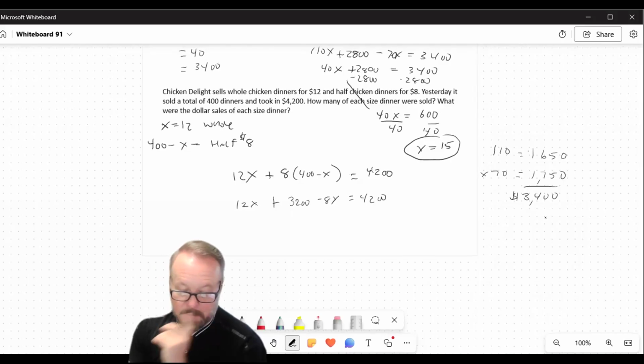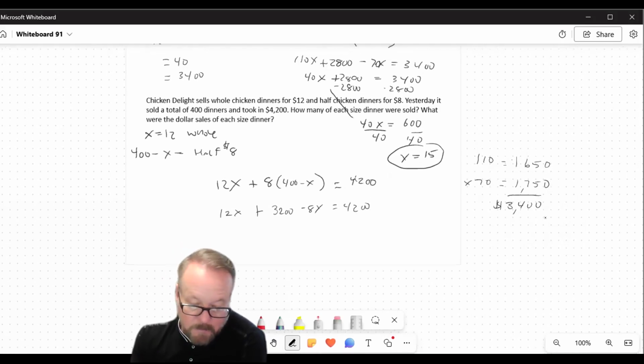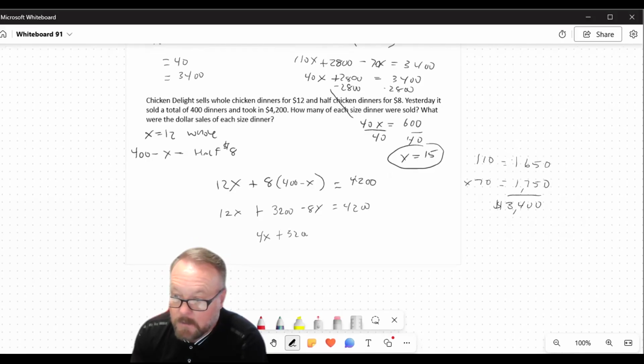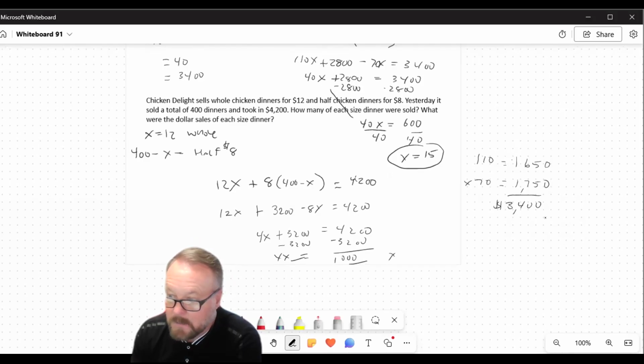So 12x minus 8x equals 4x. 4x plus 3,200 equals 4,200. And then we're going to move the 3,200 over. And that means 4x equals 1,000. Divide both sides by 4, and x equals 250.